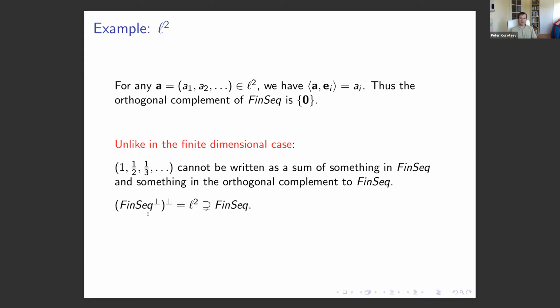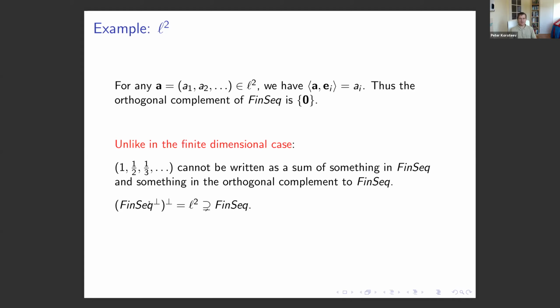So the orthogonal complement to fin-seq is the zero sequence, and the orthogonal complement to that is the entire ambient vector space of those sequences with finite sum of a_i squared. And that clearly does not stay within fin-seq.